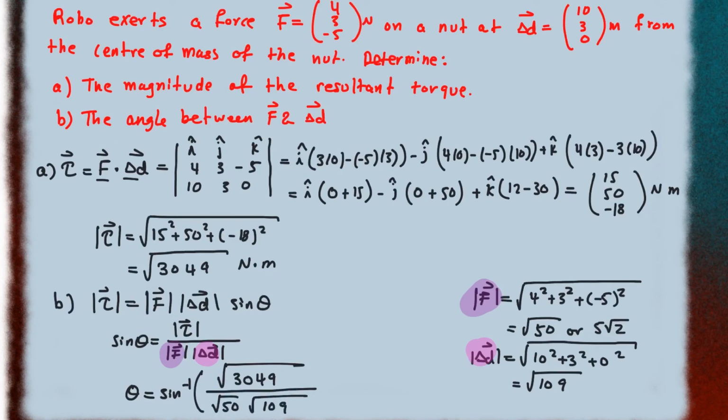So root 3049 divided by root 50 divided by root 109, and we get theta to be approximately 48.4 degrees to 3 significant digits. Note that since we had the components of both vectors F and d, we could have used the dot product to get the exact same value for the angle, 48.4 degrees.